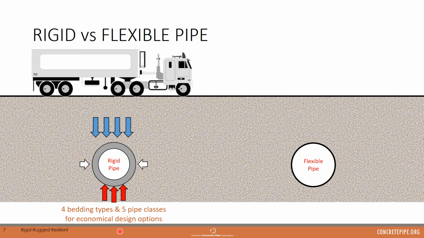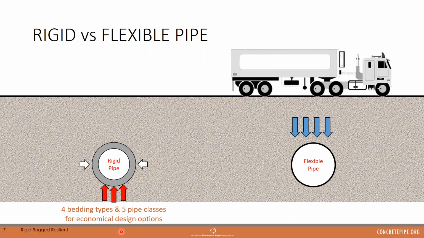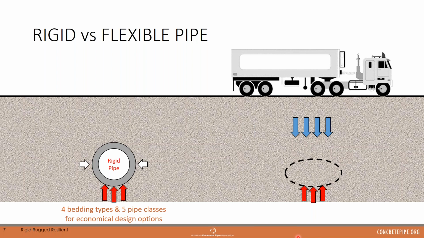Now on the flexible pipe side, obviously again, the foundation that the pipe is sitting on is critically important to ensure that you don't get settlement and things like that. But imagine if this pipe was being loaded with just support on the bottom. Obviously you're going to flatten that pipe right out.